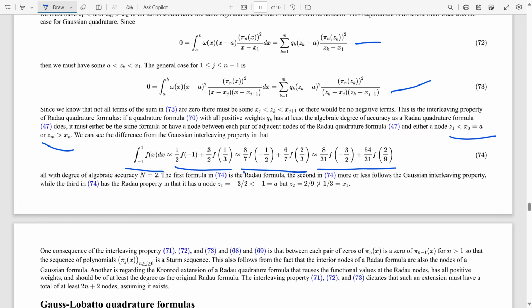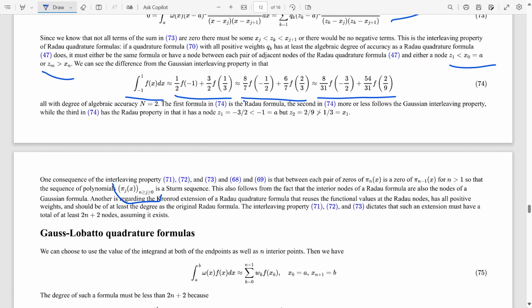The interleaving property leads to the conclusion that the sequence of orthogonal polynomials in decreasing order is a Sturm sequence, and also that any Kronrod extension has at least 2n plus 2 nodes.